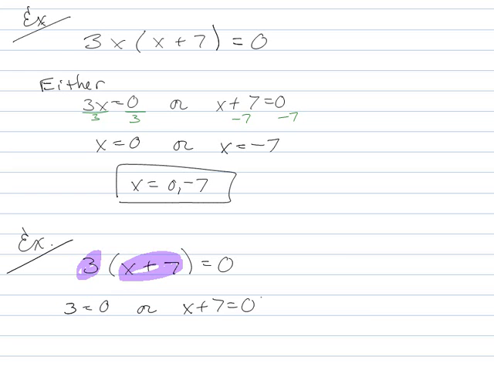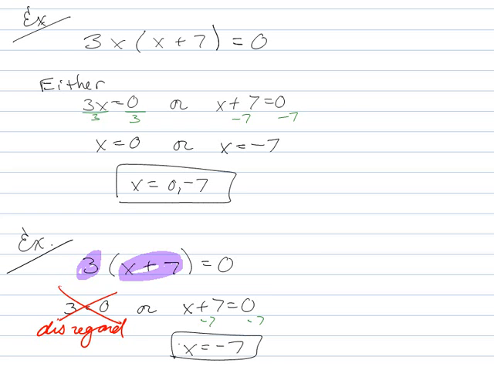And you go, wait, that's just silly because 3 can't equal 0. And you're absolutely right. We disregard this because it's a completely silly answer. And then we just solve this to get x equals negative 7.